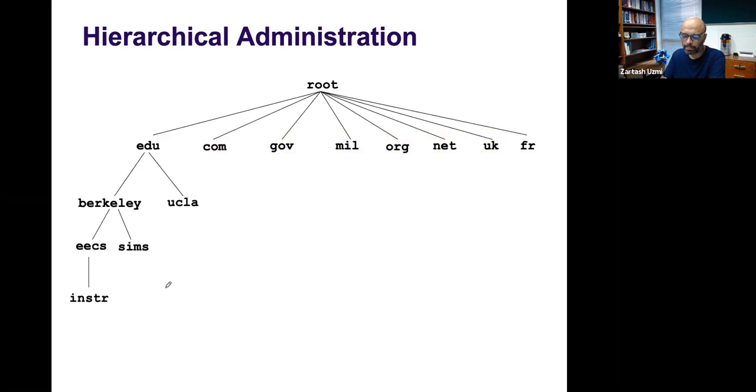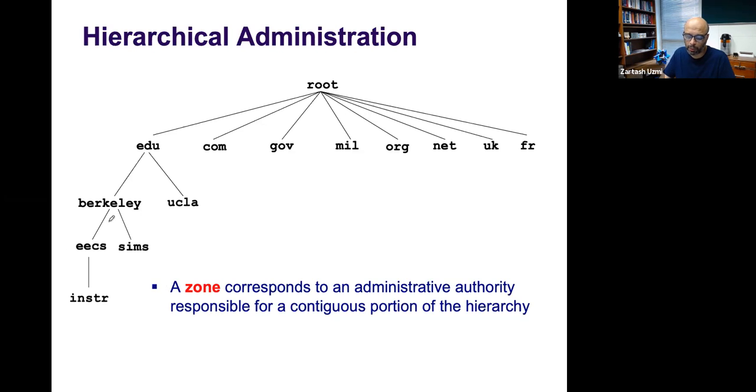Okay. So that was the hierarchy of the namespace. Then there is a hierarchy of administration, and the hierarchy of administration is really according to the namespace. So Berkeley is responsible for administering the namespace corresponding to Berkeley, and maybe within Berkeley you have subdivisions, so the EECS department in Berkeley is responsible for their own thing.